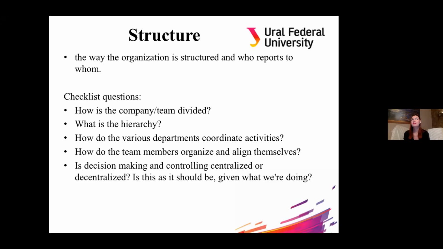And a bank. Once again, we have a dance school and we have a bank. Where should we have a centralized decision system and controlling system, and where could we have a decentralized one?